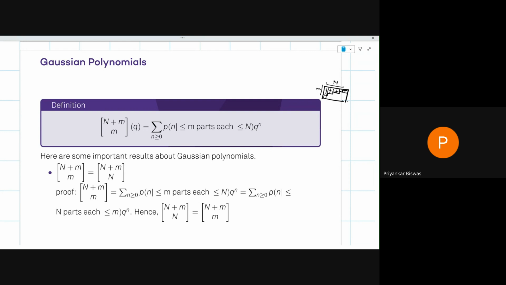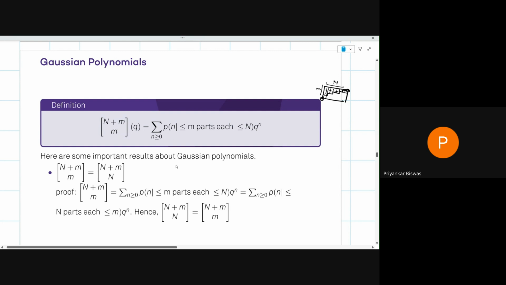So each Ferrers graph here represents a unique path from this point to this point. And the sum of all unique paths from this point to this point is capital N plus M choose M. So that's why if you put q equal to 1, this would just be N plus M choose M.